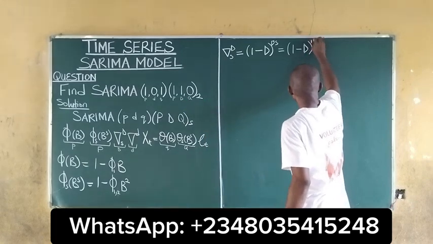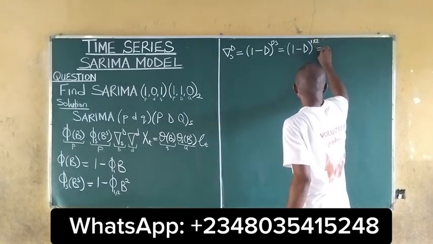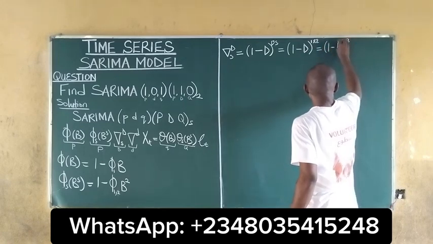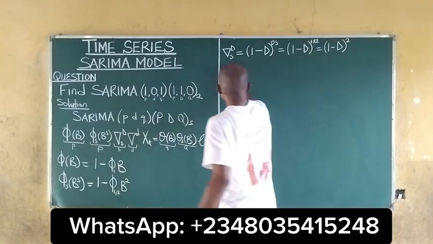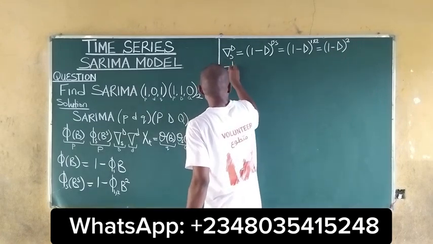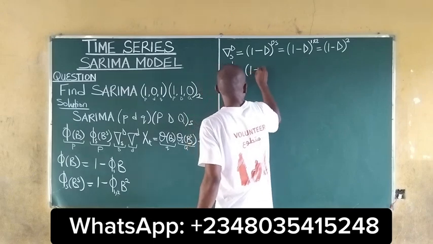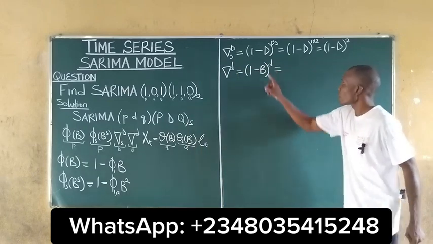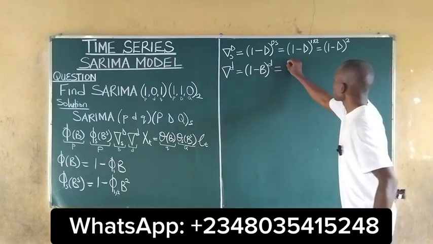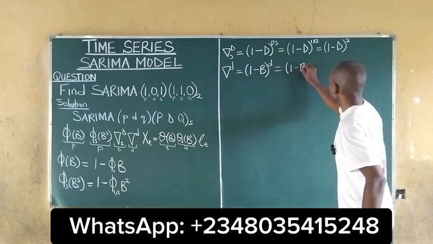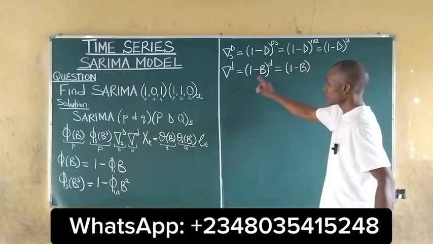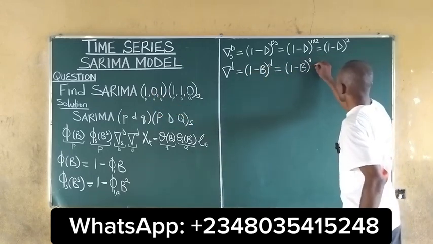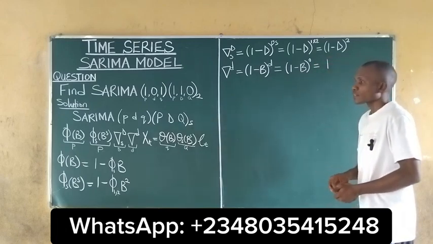So it is equal to 1 minus B raised to the power of 2. Also, for the small d, we have 1 minus B raised to the power of small d. Our small d is 0, and anything raised to the power of 0 is 1.